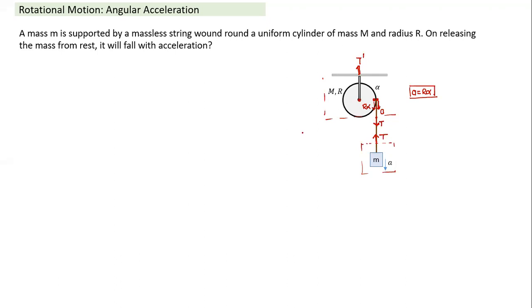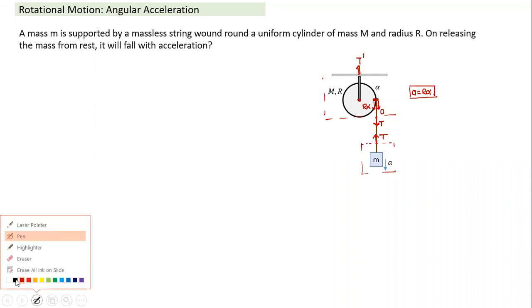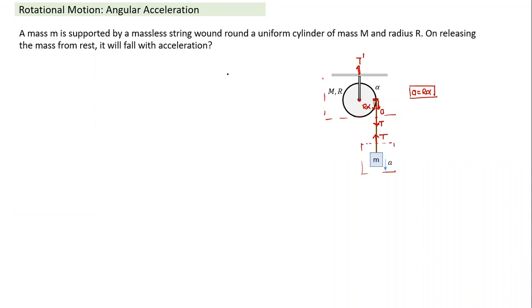From the free body diagram of the cylinder, alpha will be equal to torque about the axis of rotation divided by I about the axis of rotation. Torque will be equal to T into R. And the moment of inertia of a cylinder about its axis is MR square by 2. That's alpha here. You can easily calculate.